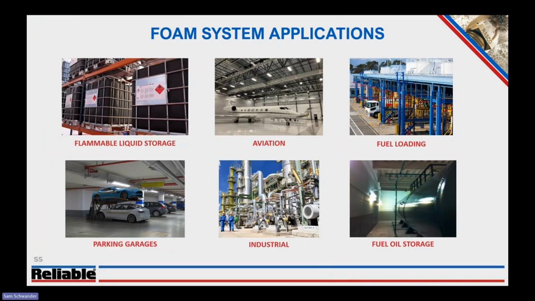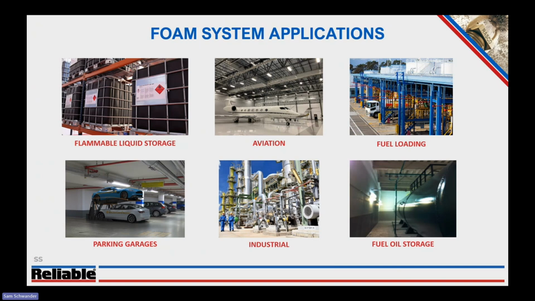So let's look at some examples of where foam systems are typically applied. We have flammable liquid storage. That tends to be our NFPA 30 design. Aviation, so that might utilize closed sprinklers, could be an open sprinkler deluge system, perhaps high expansion foam with foam generators. We have fuel loading areas, a whole bunch of other industrial applications, a wide net there.